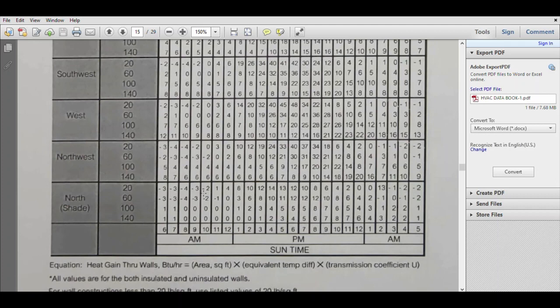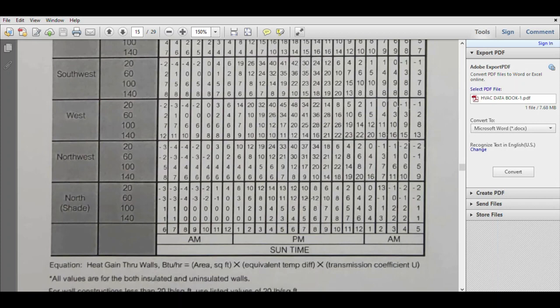For 60, the value is 12, taken below in the same column. For 100, it is 8. 12 plus 8 equal to 20, divided by 2, 10. So for the wall weight of 80 lb per square feet, our equivalent temperature difference is 10.